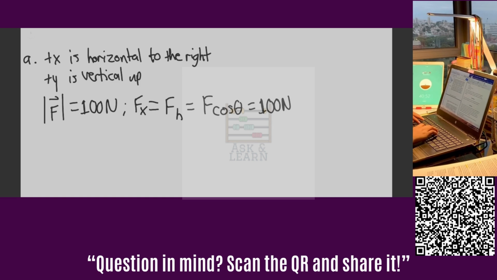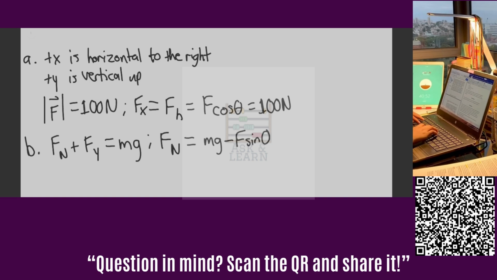So here we can say that there is no vertical acceleration. So we can apply Newton's second law for part B and say that Fn plus force in the y direction would equal mg. And we can then say force normal would equal mg minus the force sine of theta.